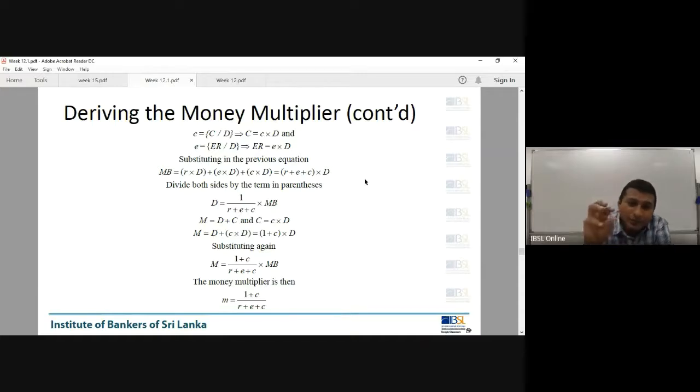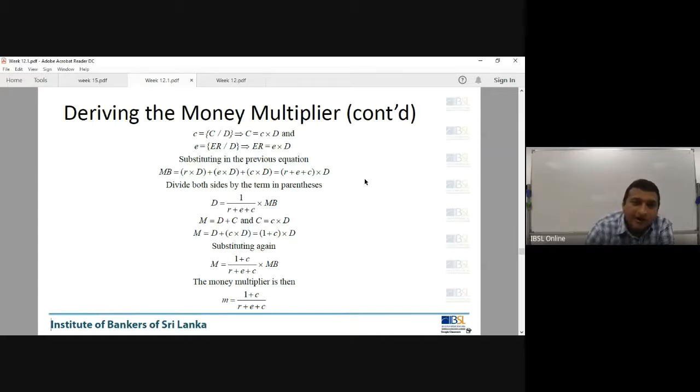So we now substitute into the monetary base equation that we derived in the previous slide.